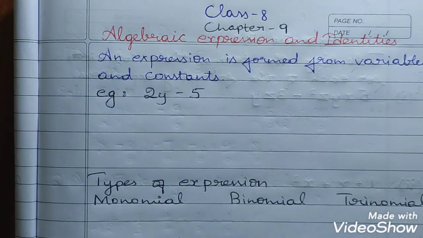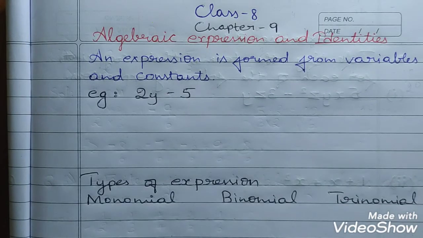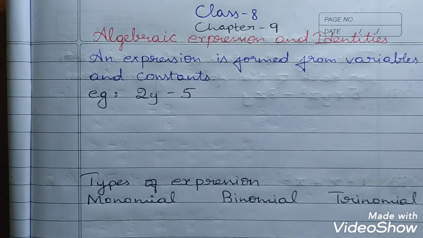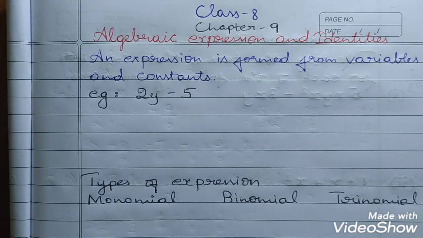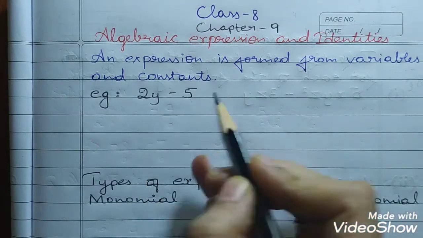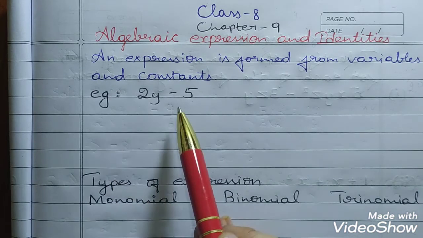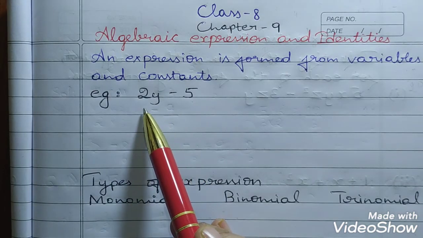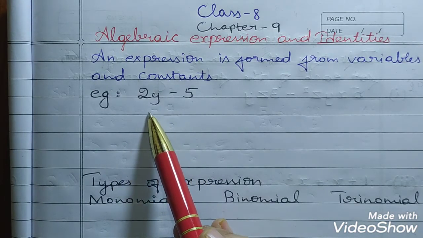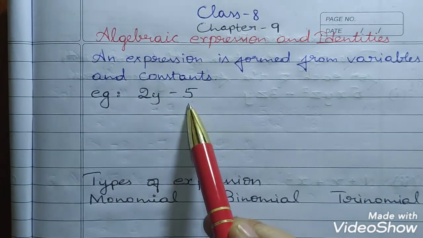An expression is formed from variables and constants. 2y minus 5, this is an expression. Here we have variable y and constants 2 and minus 5.